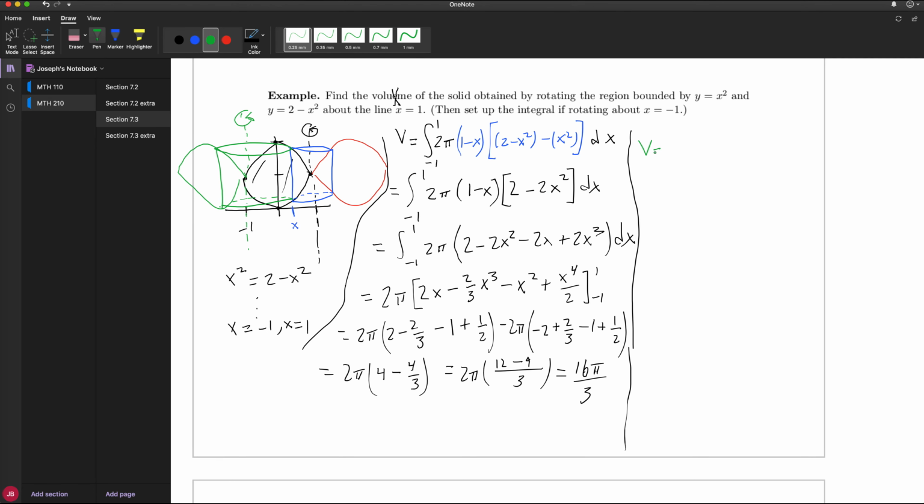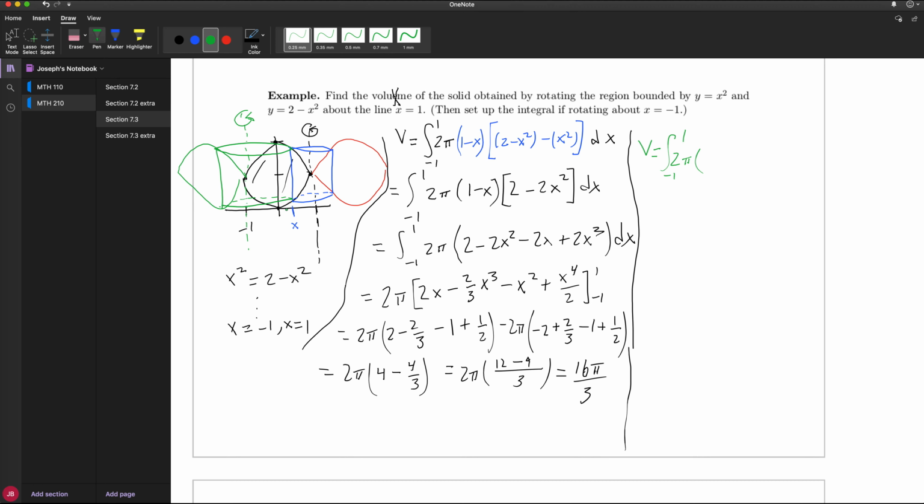So the volume will be still, we integrate over the x bounds of the region, so -1 to 1. Those only come from the original region itself, so the graph that's in black here. 2 pi, now we need a radius. Well, if we observe here, for this x value, the radius is not x, that's this length here that I'm scrolling over between, but it's 1 plus x, right?